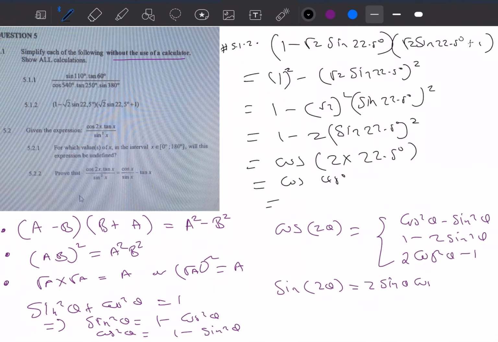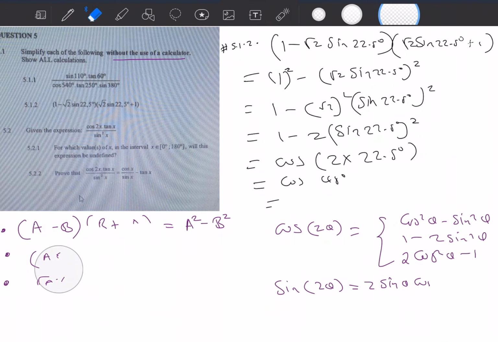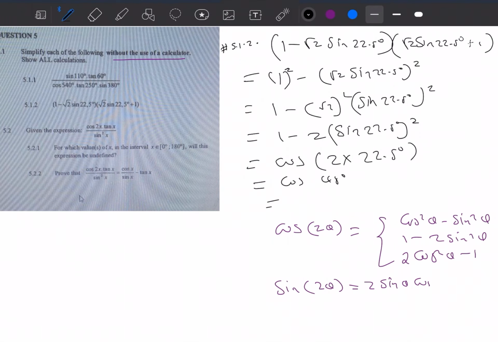And what is cos 45 degrees? Again, I said I don't mind repeating this. So we have our triangle with angles 90 degrees, 45 degrees and 45 degrees. The sides are going to be 1, 1, and square root of 2.